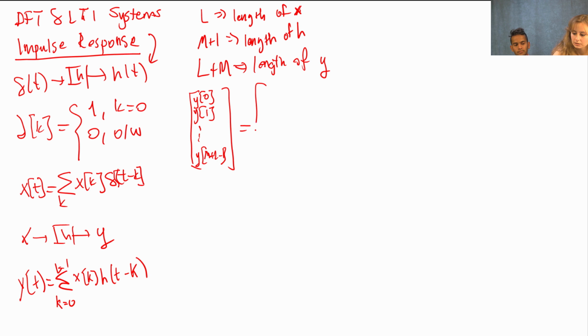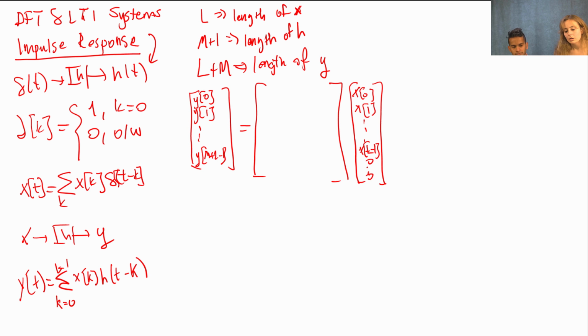Then you're going to have some matrix here, and your input that is zero padded to match: x of 0, x of 1, up to x of L minus 1, and a bunch of zeros.